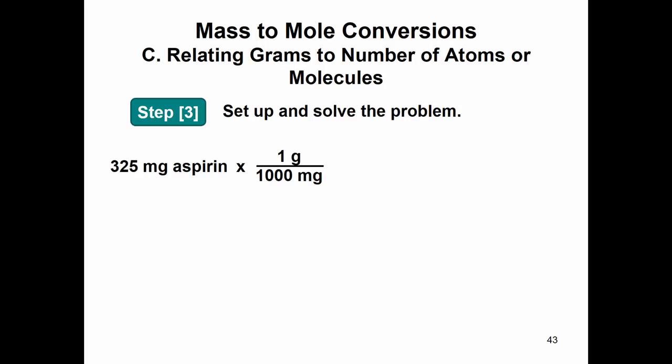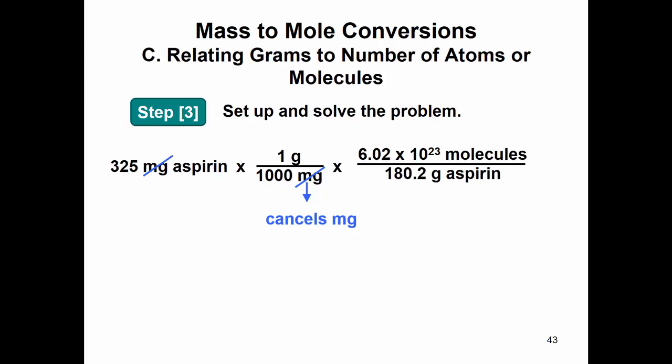Let's put this all together. We're given 325 milligrams of aspirin. We just have to get that to grams because we know our relationships are in grams. So we write out what we know: 325 milligrams aspirin, divided by 1,000 milligrams so that we cancel. That equals 0.325. You could do that separately if you wanted to, but here we're putting it all in one.